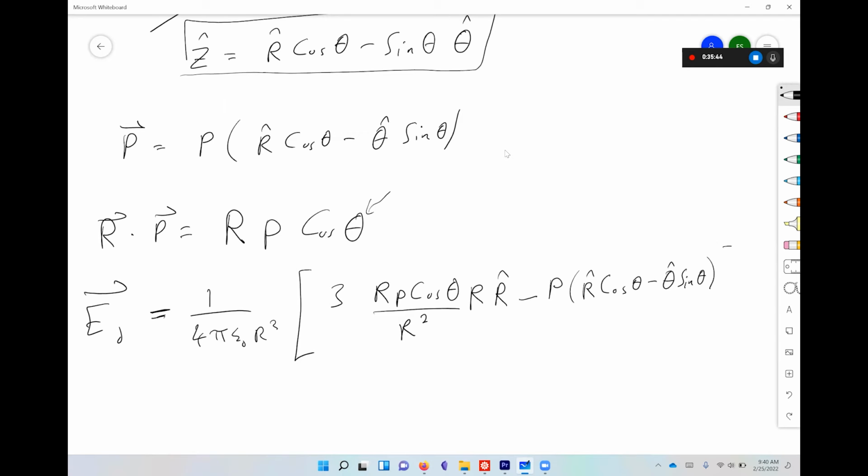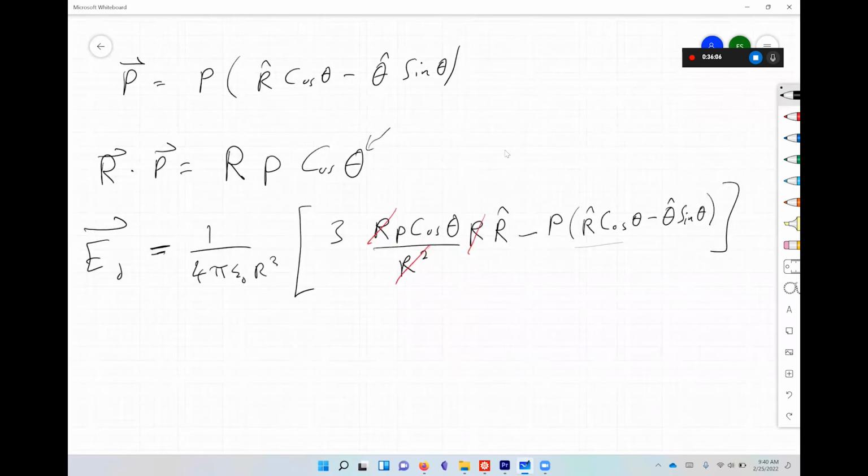Okay. So this cancels, these two r's cancel this r squared. And so you have 3P cosine theta r hat minus P cosine theta r hat. So I have 2P cosine theta.